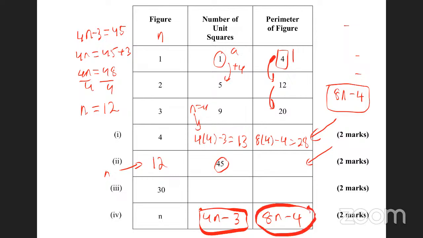This formula is for everything in this column here. So it will be 8 by 12 minus 4. How much is that? 92.